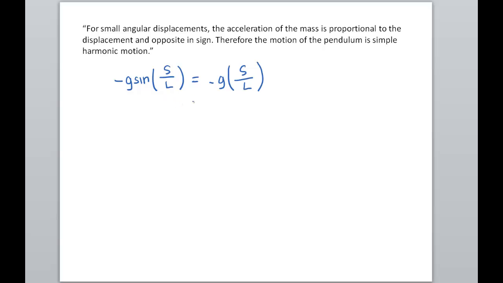Now if we compare this to the simple harmonic equation that we saw earlier, which is negative omega squared x is equal to negative g s over L, and we use algebra to find what omega is, we get this.